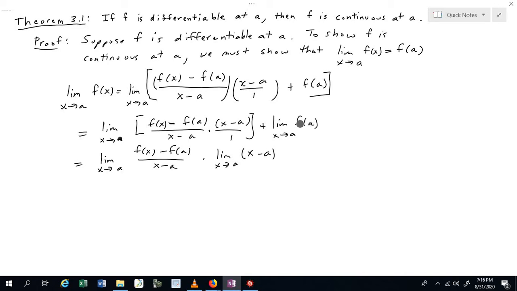It's simply some number, and as x gets closer to a, it remains that same number. This does not depend on x, so x getting closer to a does not change this output. The output is simply f of a. Remember, the limit of a constant is the constant itself. So that's just f of a.